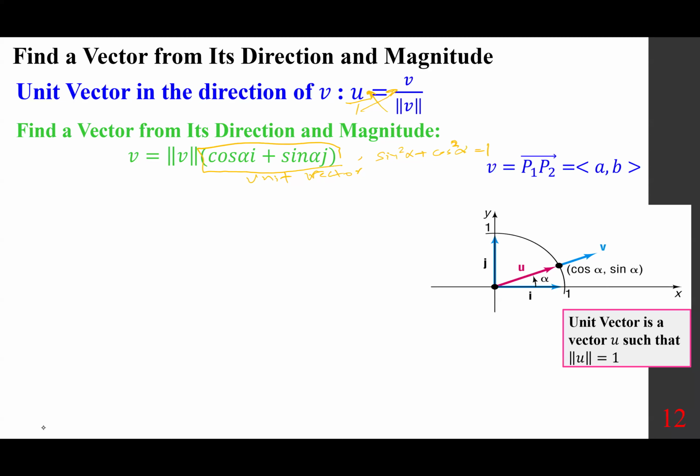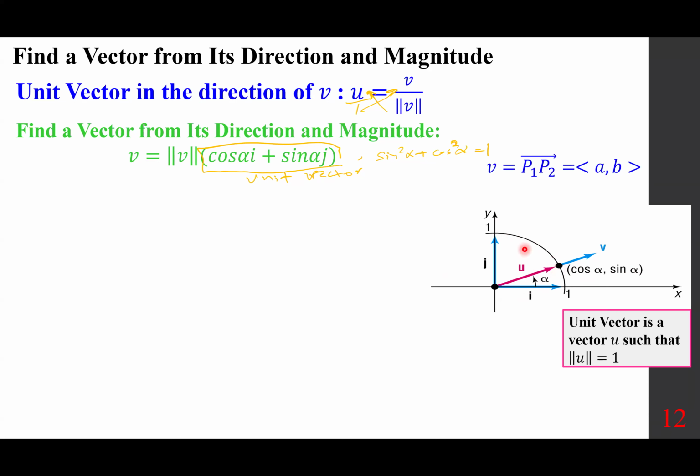So this is the i vector, this is the j vector. Okay. So this point has cosine alpha, sine alpha. If you pick any point with any angle on this unit circle, this is the unit circle, right? x squared plus y squared equals 1.